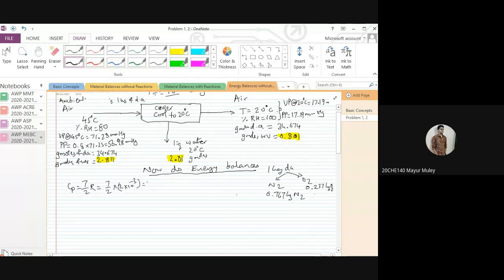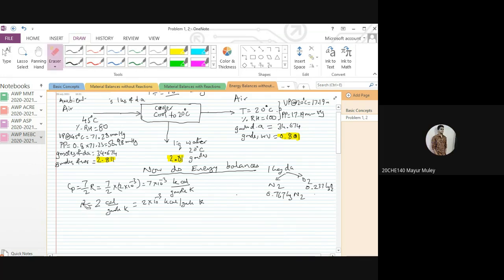You can take it in kilocalories per Kelvin mole. So what you are saying is R is 2 calories per gram mole Kelvin, or 2 into 10 raised to minus 3 kilocalories per gram mole Kelvin. Yes, sir. That is what Praveen was desperately trying to ask, and I was desperately trying to refuse answering.